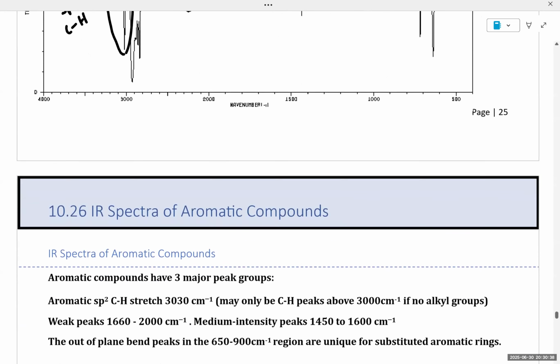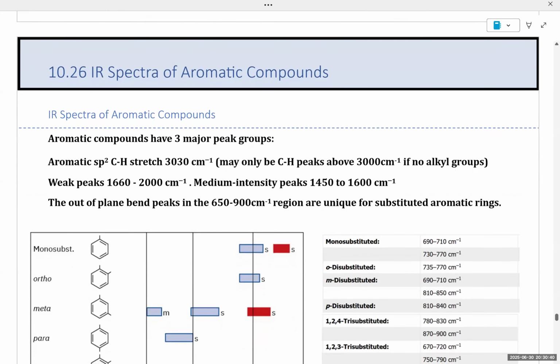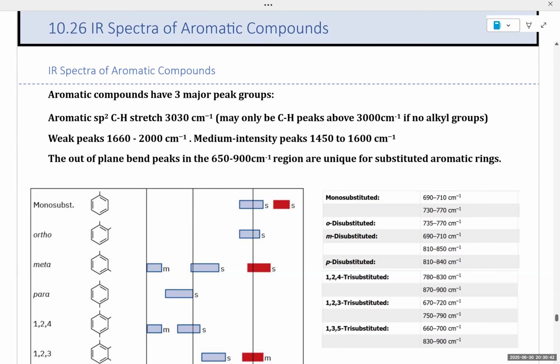Okay, let's talk a little bit about the IR spectra of aromatic compounds. So aromatic compounds have three major peak groups. The aromatic sp2 CH stretch around 3030. Another signpost that you have an aromatic compound is you may only see CH peaks above 3000 if no alkyl groups are present.